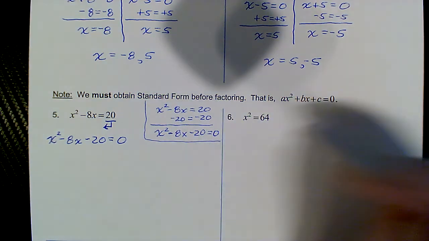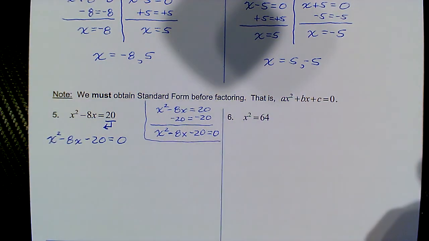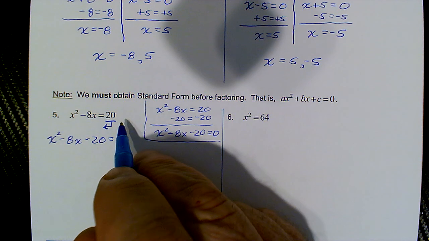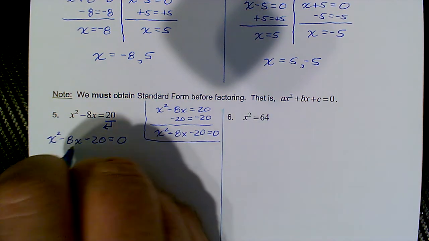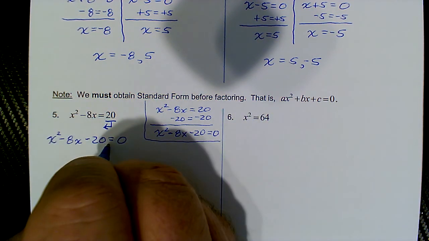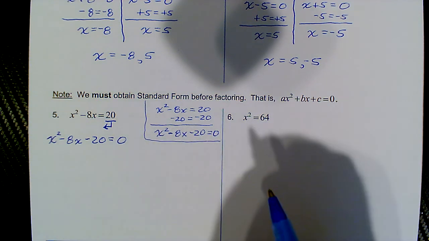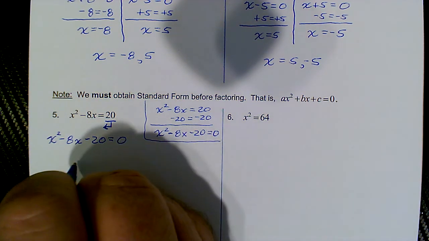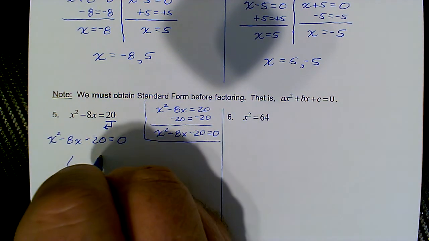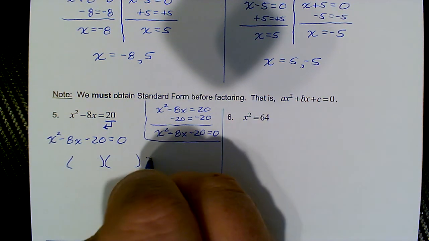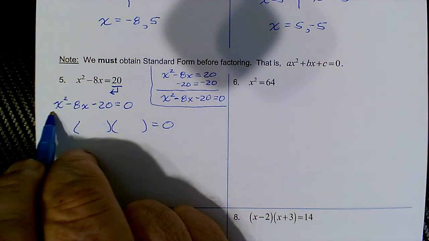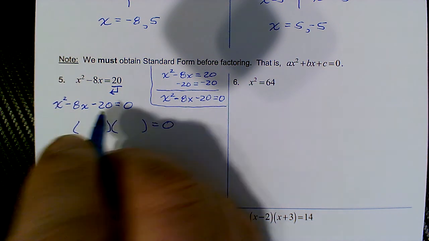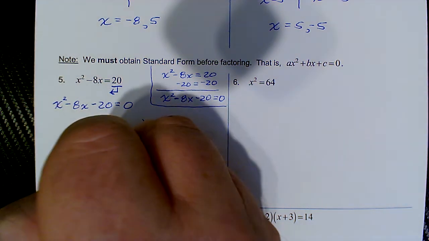Okay, so whatever way you wanted to show it, in the future, I'm just simply going to be using the transposition arrow. But then we have the quadratic equation written in standard form, and so therefore we can factor as the product of two binomials, set equal to 0 again, and because the first term is just x squared, the first term of each binomial is going to be x.